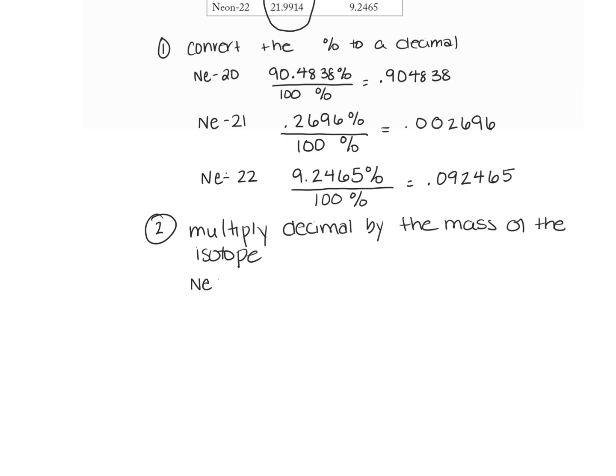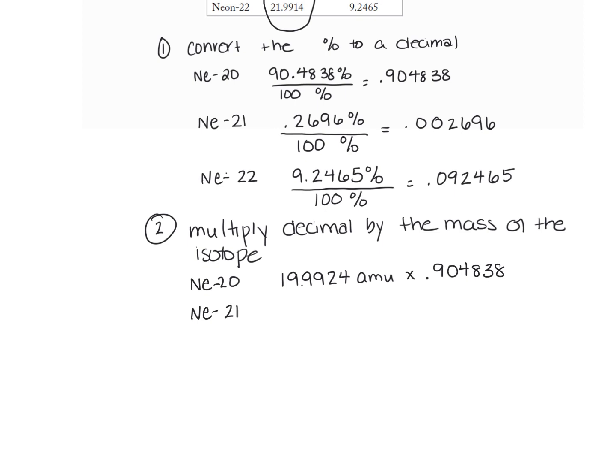So for neon 20, that's going to be 19.9924 AMU times 0.904838.